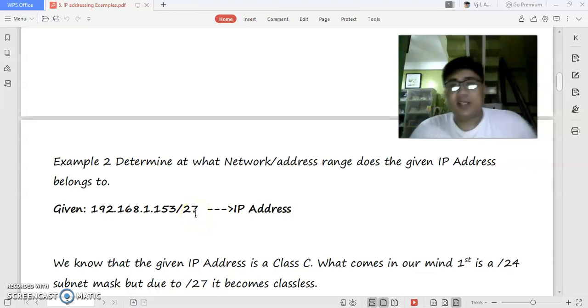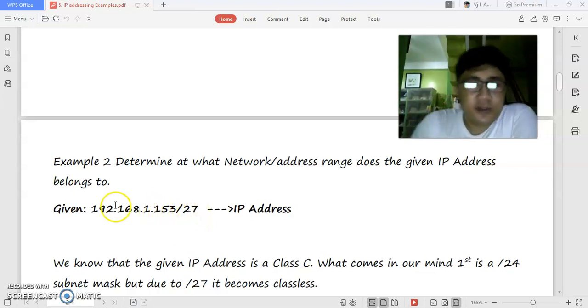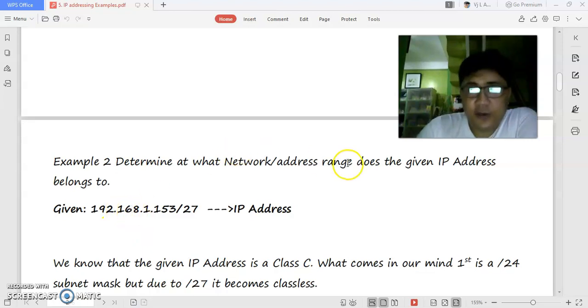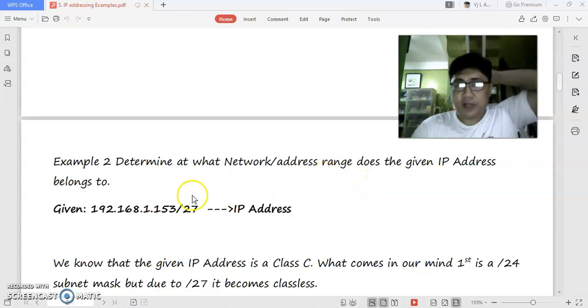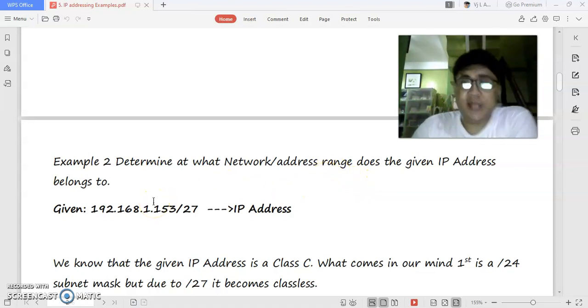What does /27 mean? But first, class C: if you are asked to find the address range this IP address belongs to, it means it is not just one network that it covers, but many networks.